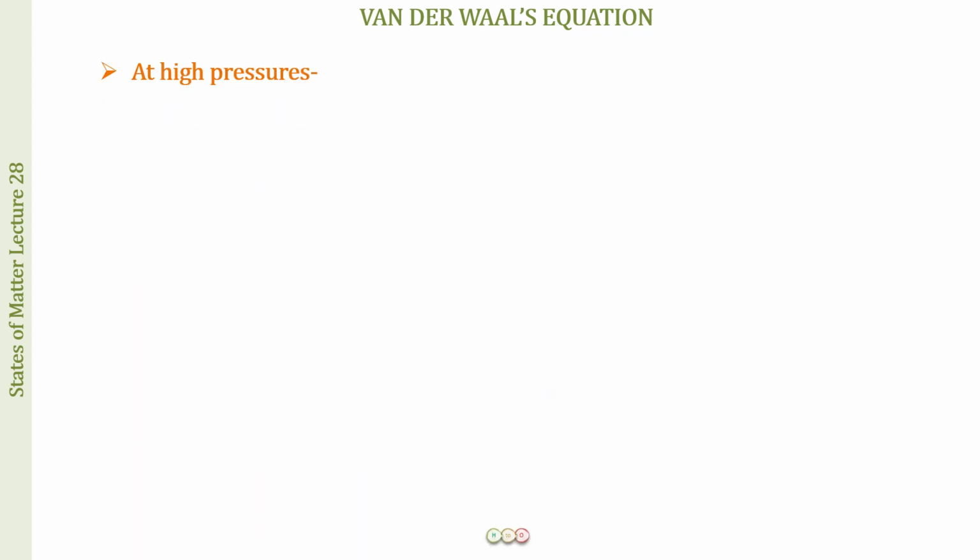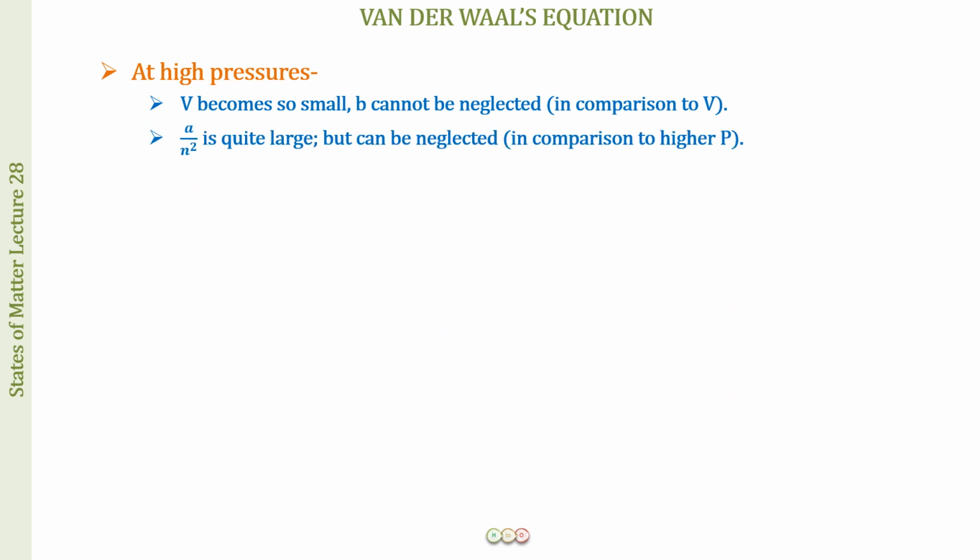Now what happens at a high pressure? At a high pressure, the volume of the gas is going to be less, right? And when it is less, the volume of the gas molecules cannot be neglected. So the b term cannot be neglected in comparison to V. Similarly, when the gas molecules are close to one another, the value of a by V square is also going to be quite large.